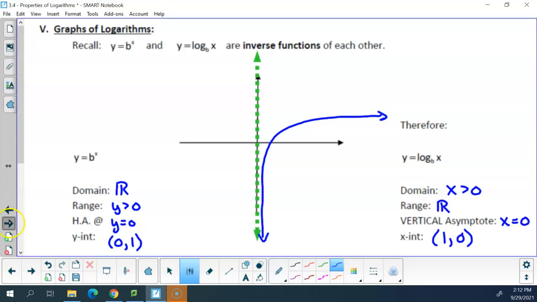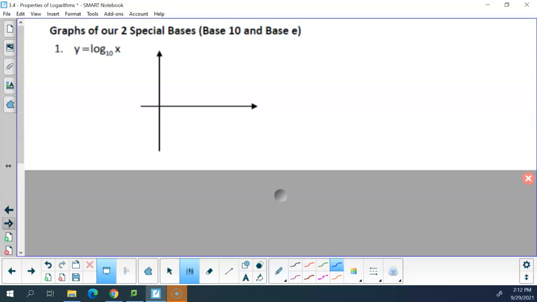Now, if we take the two special bases, base 10 and base e, in the past, the exponential function would have been y equals 10 to the x power. That's what we would have been. And so now we're inverting that.